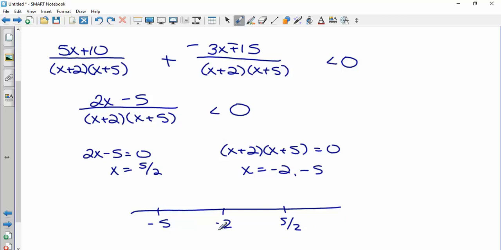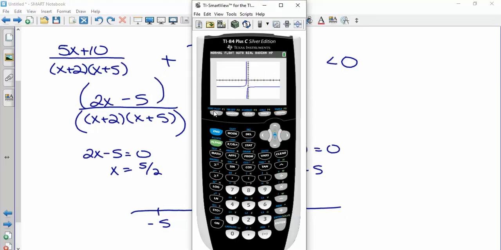You can pick test points or graph. If you graph this, you need parentheses around the top and the bottom. So we see it is negative, positive, negative, and it's kind of hard to tell, but it does go above the axis again if you zoomed in.